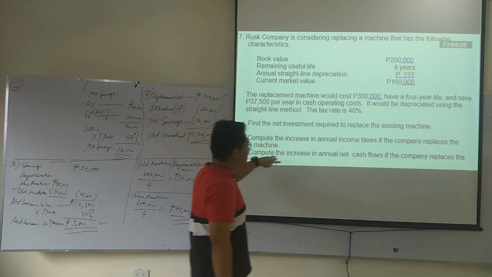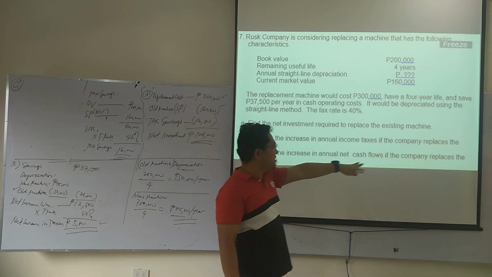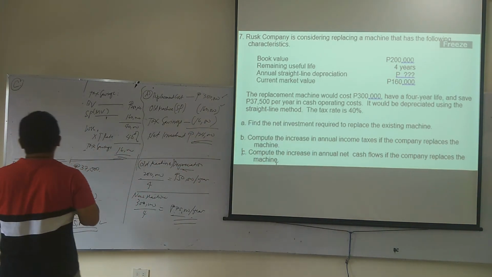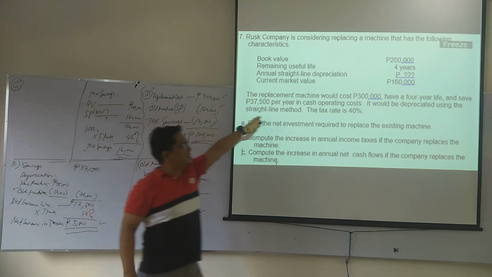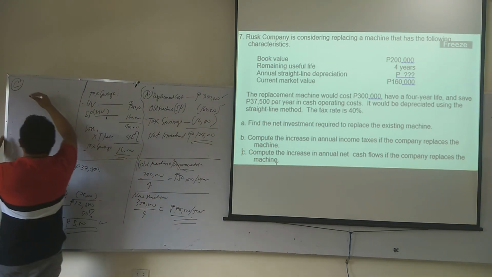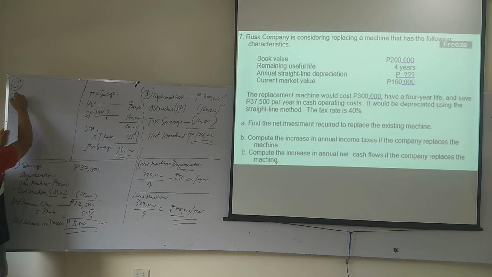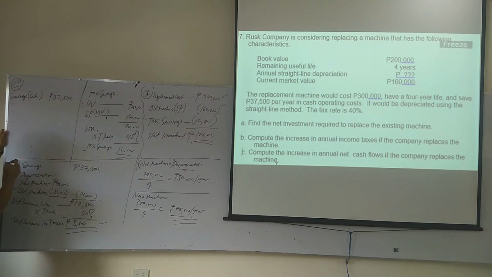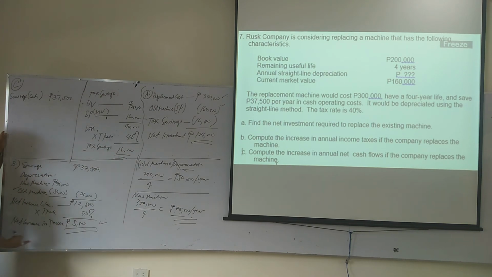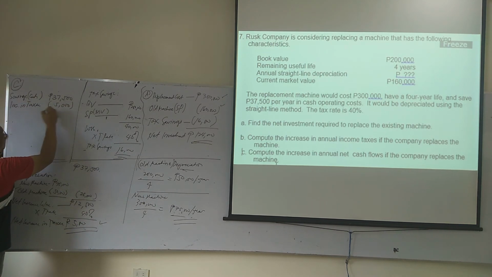So, to answer letter C, compute the net increase in annual net cash flow. We have a savings of 37,500. This is cash. And we have an increase in taxes of 5,000.